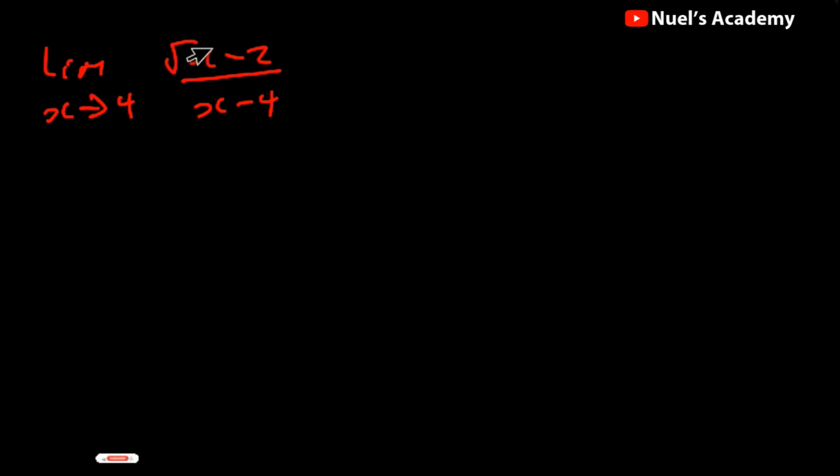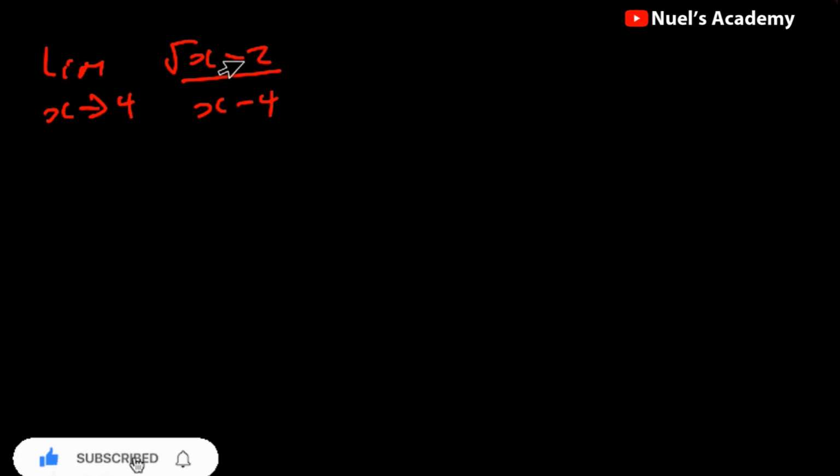Limit as x approaches 4 of root x minus 2 over x minus 4. Now, in the case whereby you have only a radical at the numerator, we are going to multiply both the numerator and the denominator by the conjugate of the numerator.